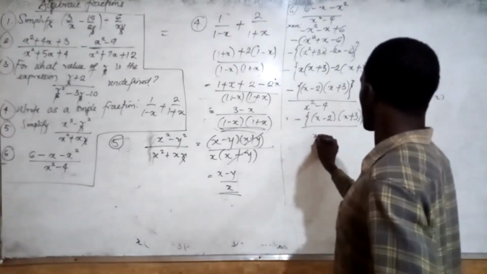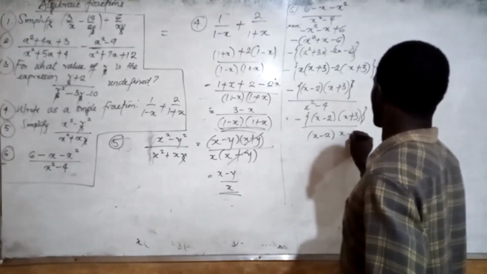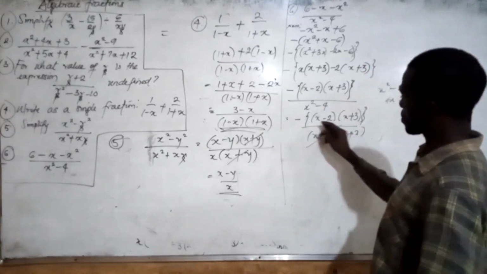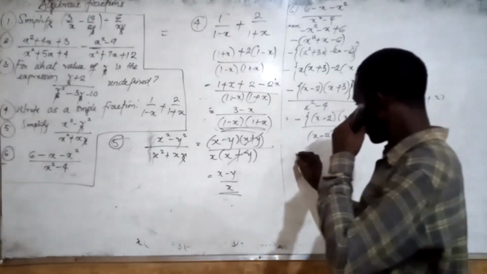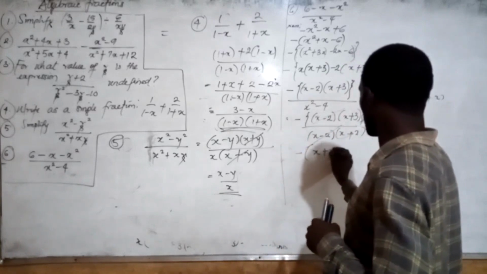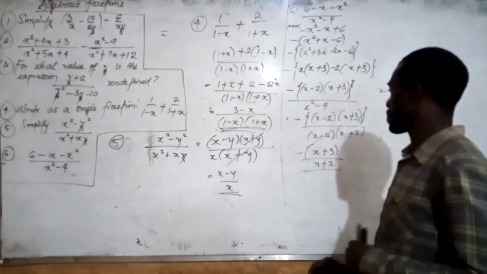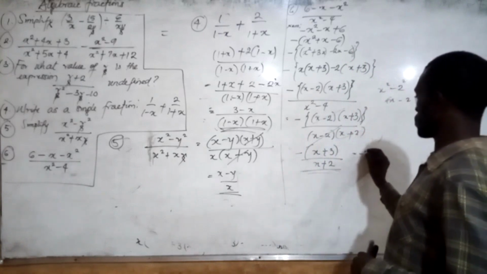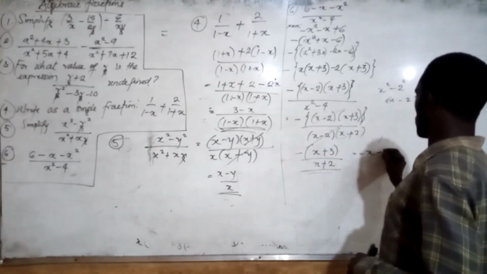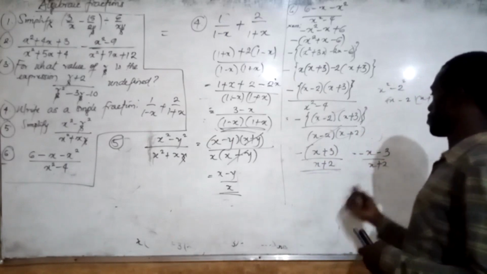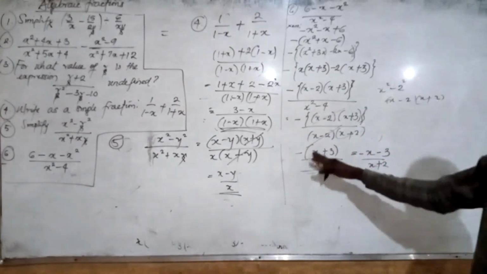Right. So we have x minus 2 here and x plus 2, so that this takes care of this. And then we have minus into bracket x plus 3 over x plus 2. So that becomes our answer. Or you can express it another way, either way you want to do your answer, you are still correct. So this is the best form.